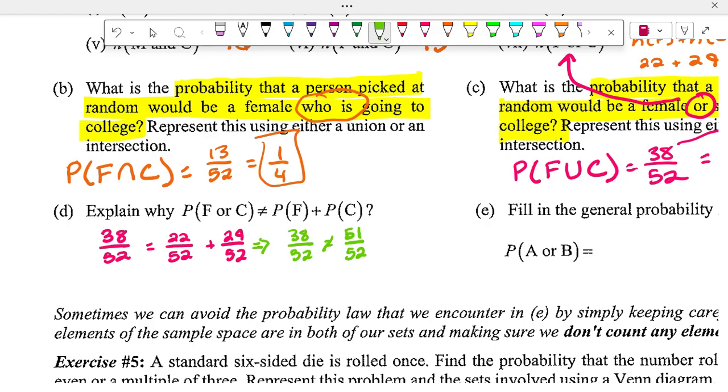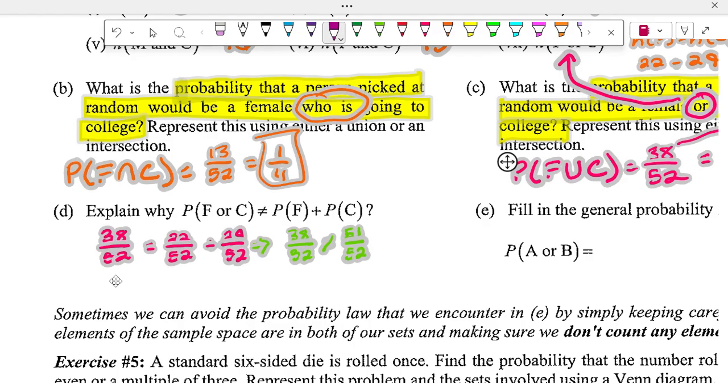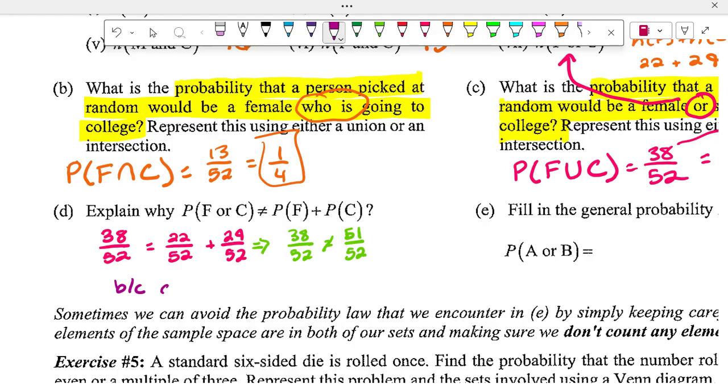It's counting the intersection twice. So it's wrong because they count the intersection twice.